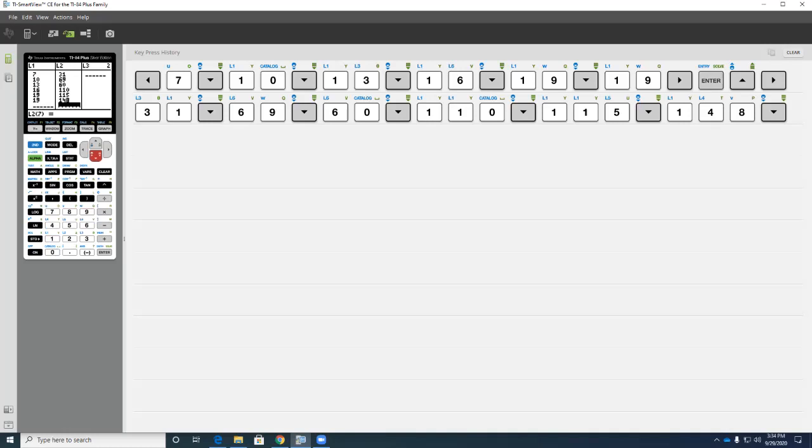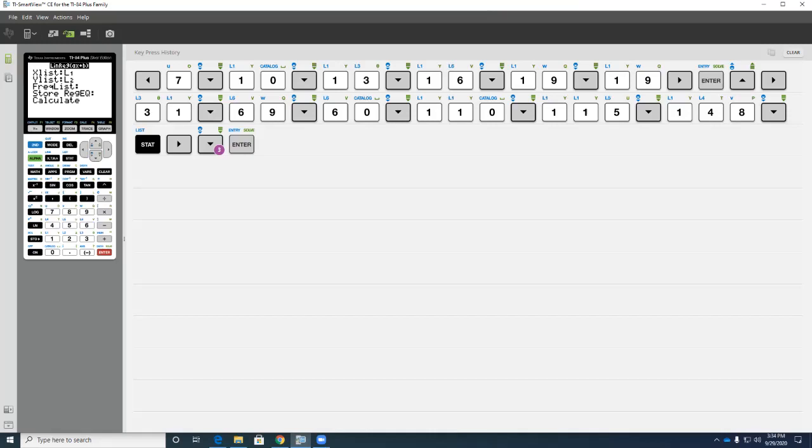So I have put all of these data points in the list, and now I'm going to push the Stat button, and I'm going to go to Calculate. And once I go to Calculate, I'm going down to number 4, which says Linear Regression. I'm going to select that one.